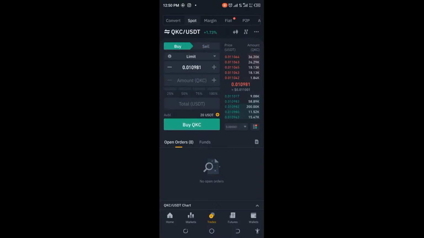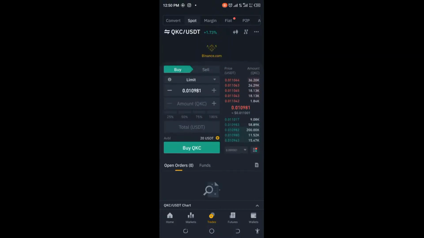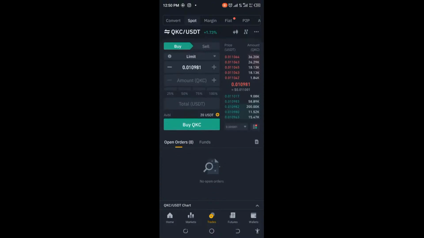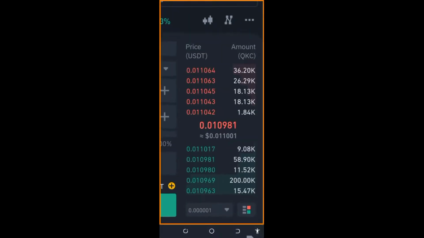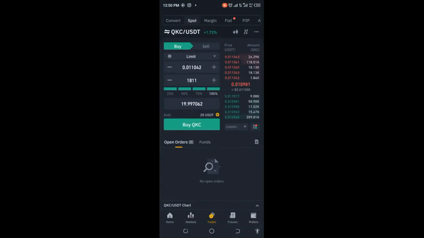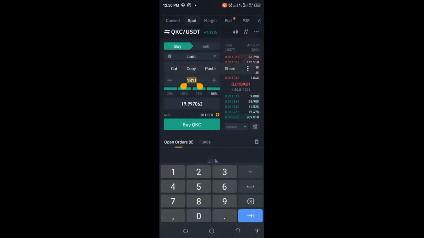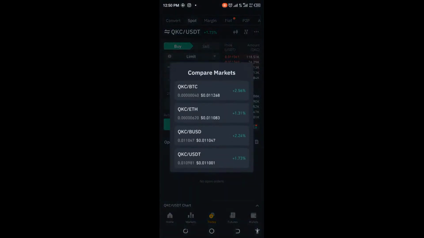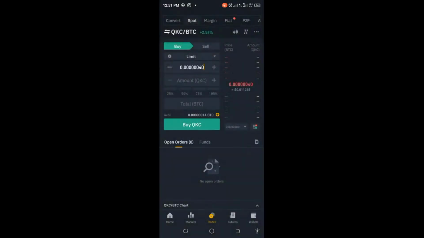So what are we going to do here? QKC USDT. Let me reload that again. I'm just going to use all the market order prices. I'm going to pick my first red here, put the 100%, and pick out the 1811. I'll also go to the BTC side and pick out the first green, because don't forget I want to sell. So I'm going to pick out the first green, which is 39, and put all my QKC there.